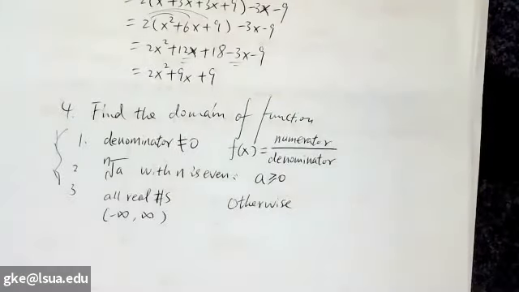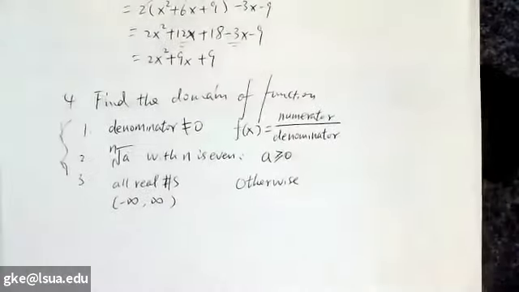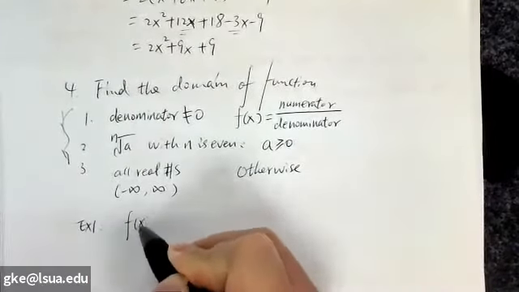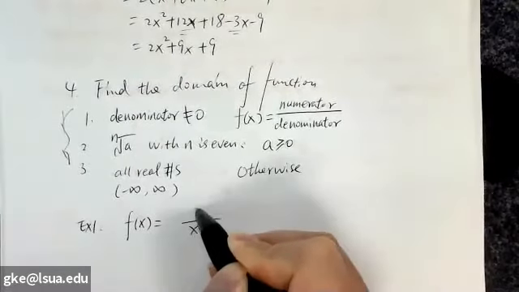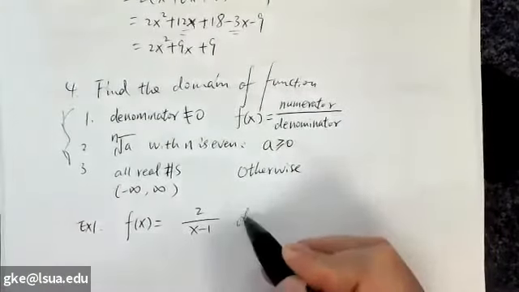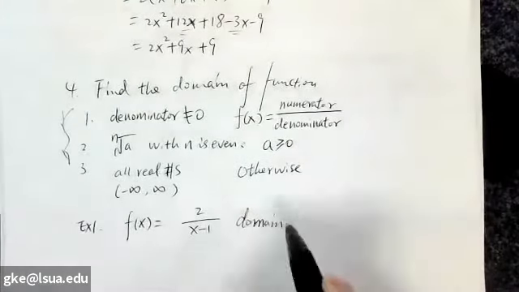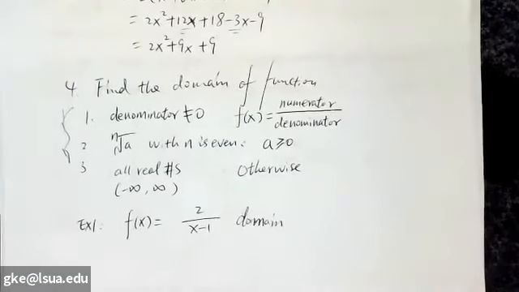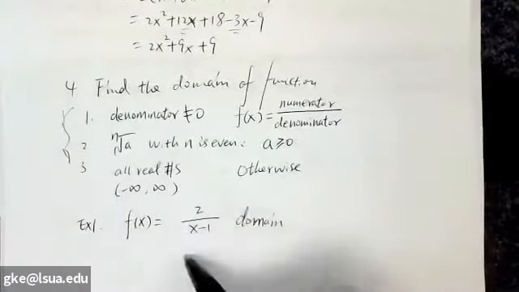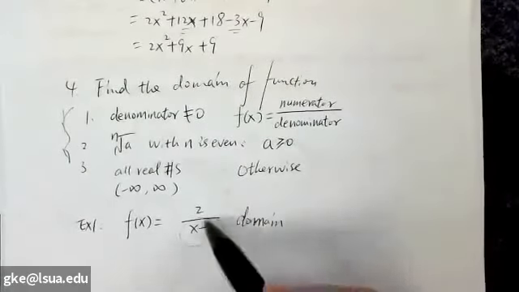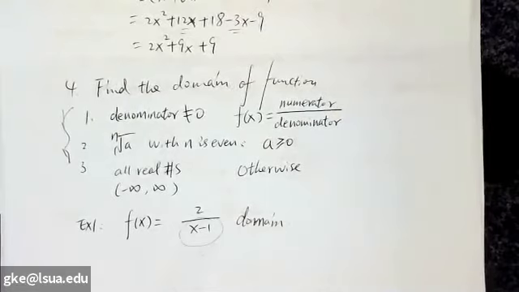Now, let's take a look at the first case. Find the domain for this function. Okay, so let's take a look. The f of x function is a fraction, and as we know, in the denominator we have x minus 1, right?